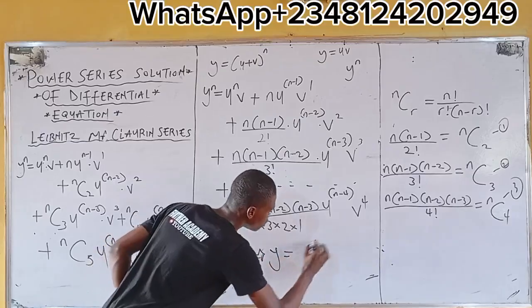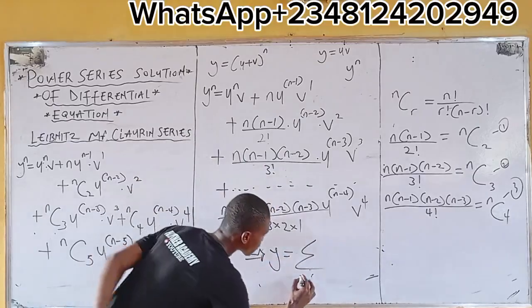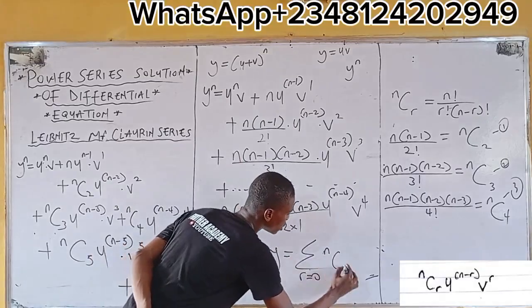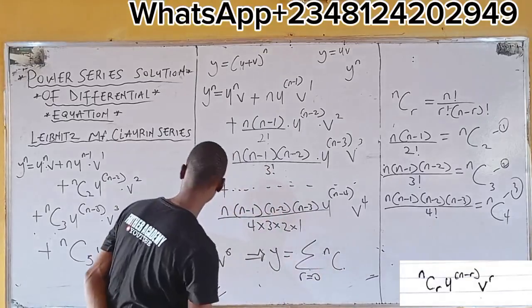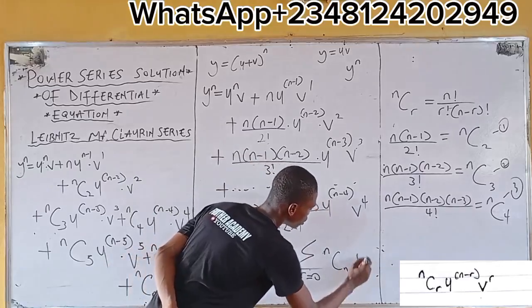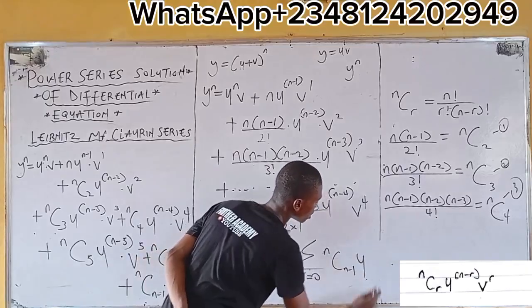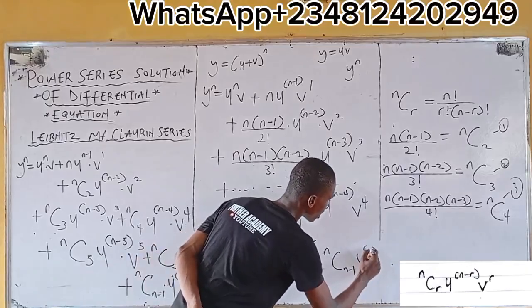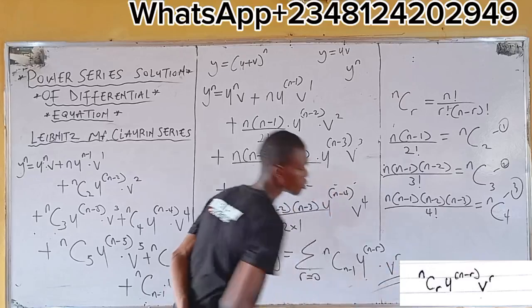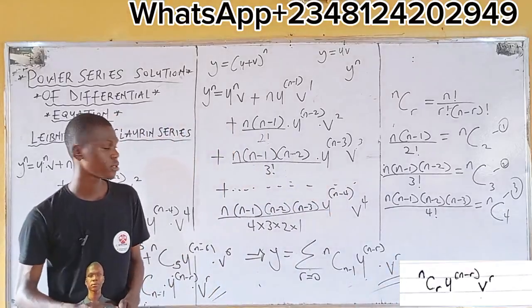y is equal to the summation from r equals 0 of n combination r, u raised to the power of n minus r multiplying v raised to the power of r. That's what we are saying.